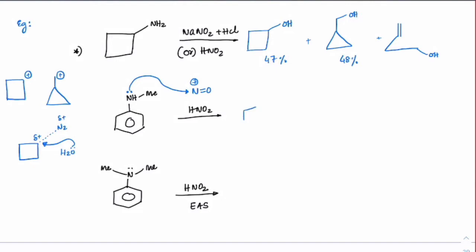And we will get a product like this, N double bond O with methyl group on it, okay? And this would be a yellow oily solution.